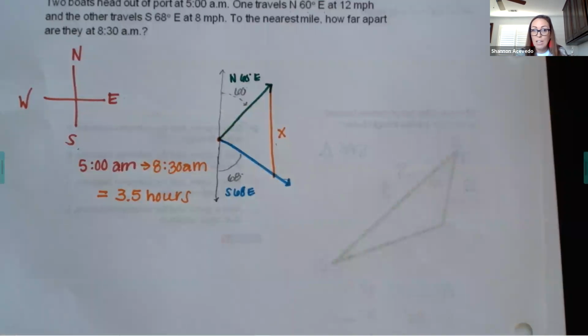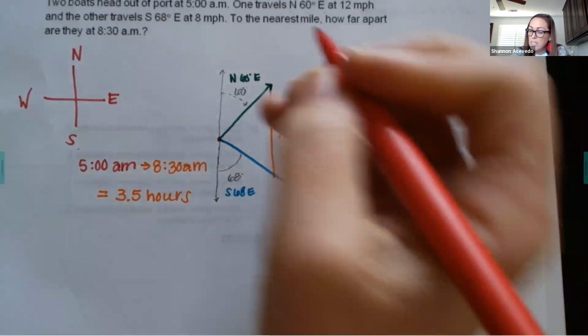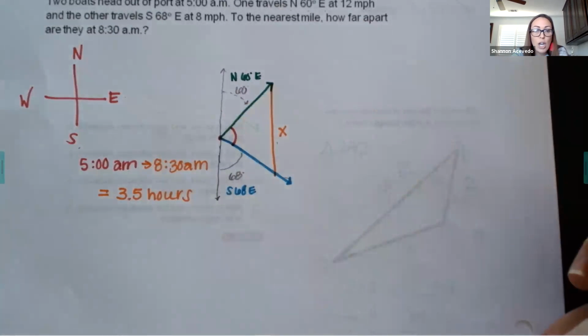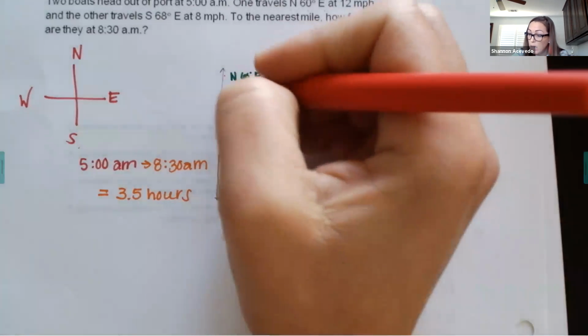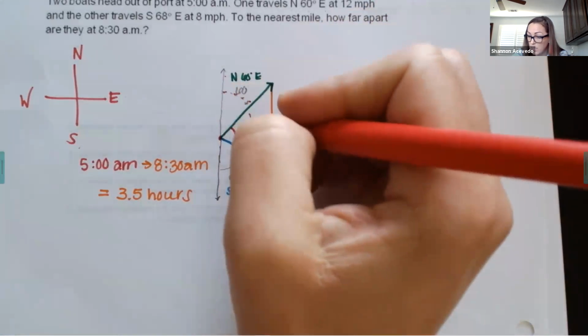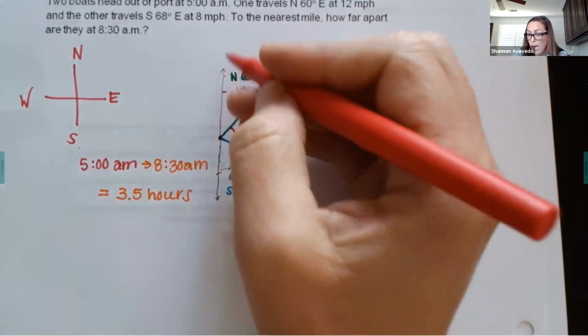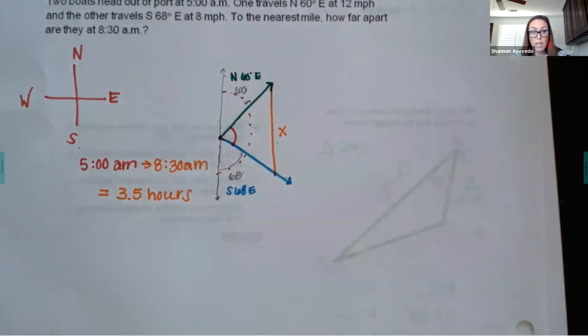But what I need to figure out then is what are some of the angles or some of the sides? I need more. So my easiest thing for me to figure out, and I can easily identify, is this piece right here. I know what that angle is. Some of you guys, if you know what that angle is, well, yeah, because this angle plus this angle plus this angle have to make that straight line of 180, right?